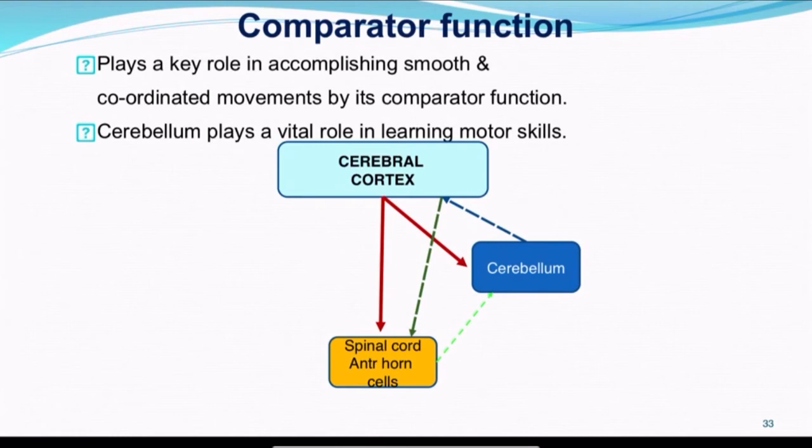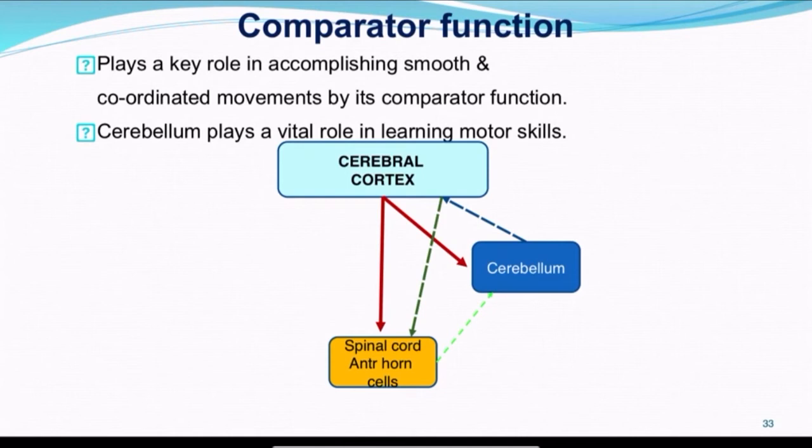The cerebellum compares the intended movement with the actual movement occurring, and if a difference is detected, the cerebellum sends the information to the motor cortex and lower motor neurons to correct the discrepancy. Thus, the result is smooth coordinated movements, that is, movements produced are accurate in time, rate, range, force and direction.